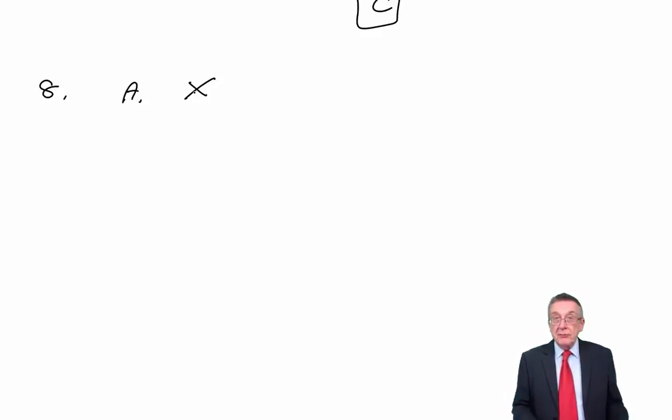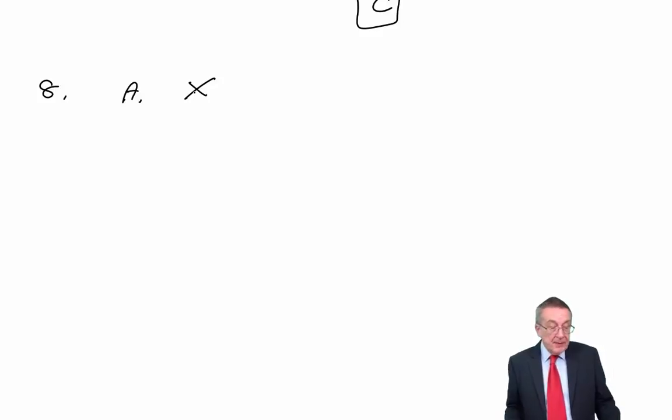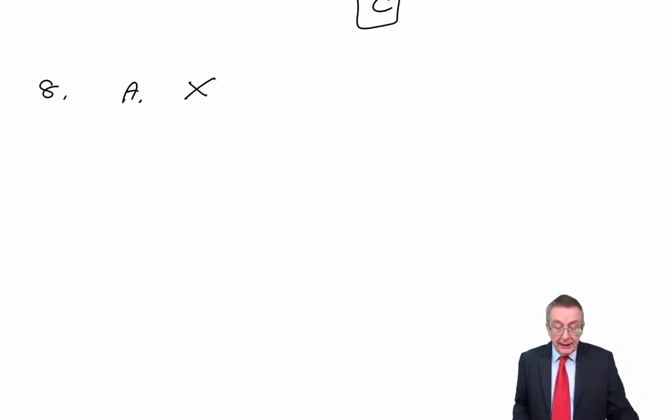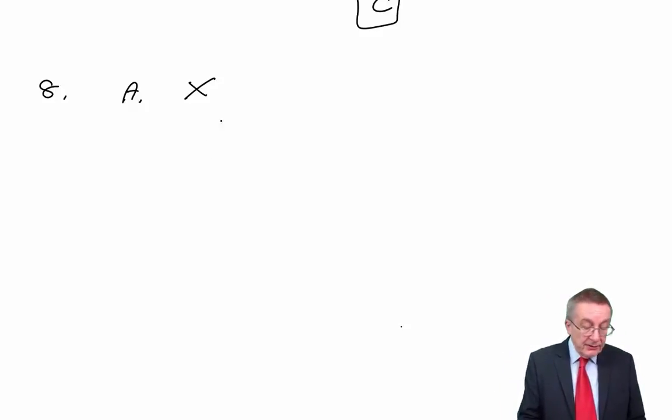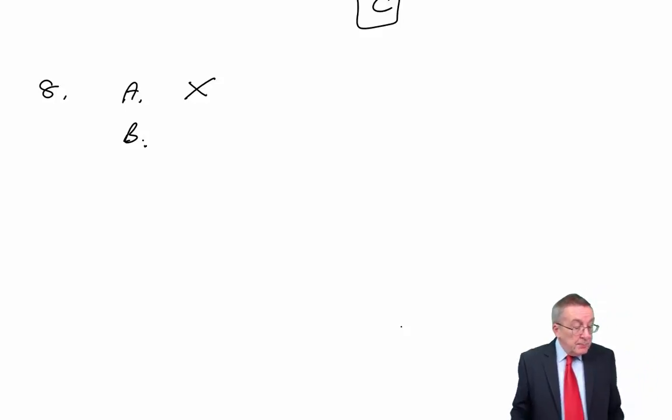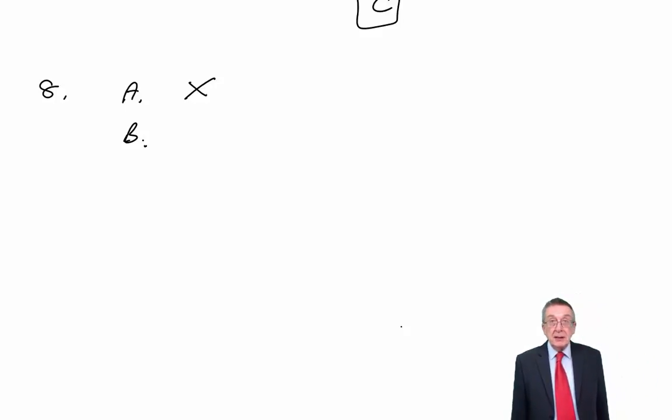If you bought a June future, it has to finish at the end of June. So I don't quite like his wording. I'd want to carry on and read the others, to be honest, before I was certain. The answer, in fact, isn't A. B, currency swaps can be used to hedge exchange rates over longer periods than the forward market.